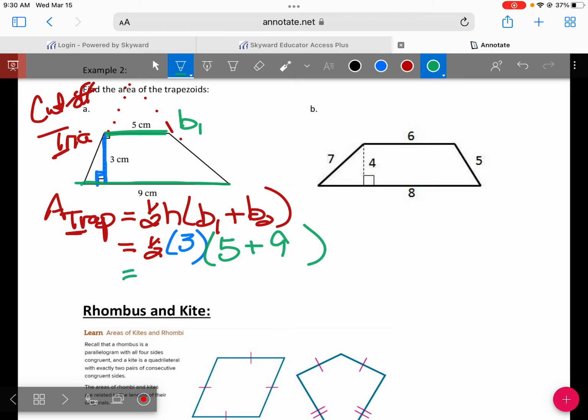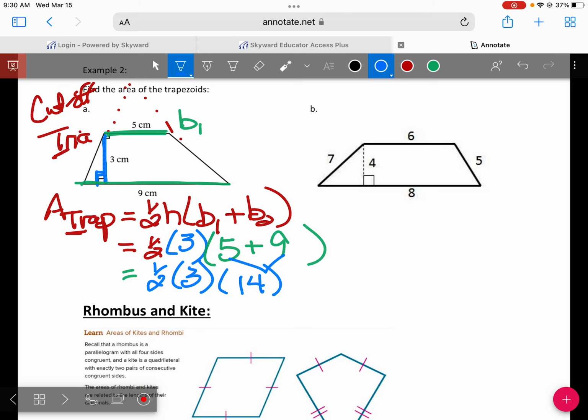All right, PEMDAS. Am I going to multiply or am I going to do parentheses first? P for parentheses, we need to do this first. So 5 plus 9 is 14. I'm going to keep the rest of it the same.